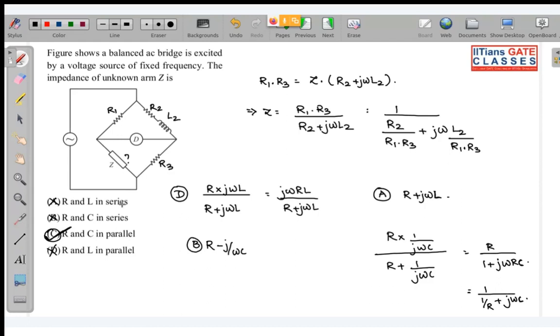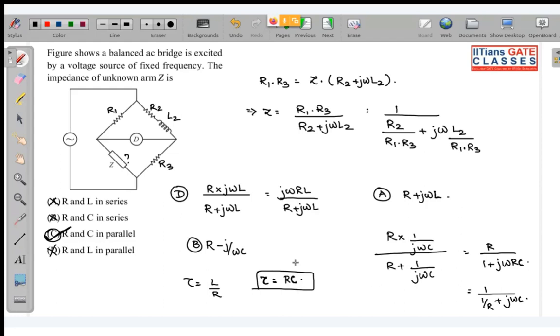What is 1 by T? You guys are forgetting everything. Time constant for RL circuit is L by R. Time constant for RC circuit is RC, not 1 by RC. Have we forgotten all these things or what?